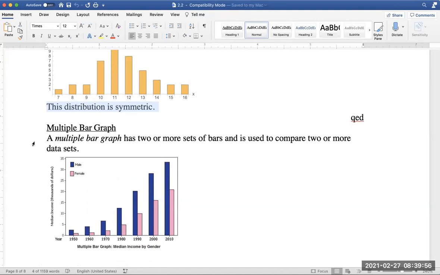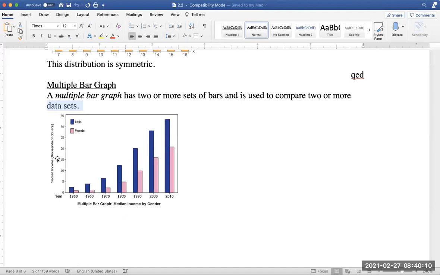Sometimes we will draw multiple bar graphs. We'll have more than one set of bars when we are comparing two or more data sets. Let's say this is the median income during the years 1950 to 60, 70, 80, 90, 2000, and 2010, and these are thousands of dollars.